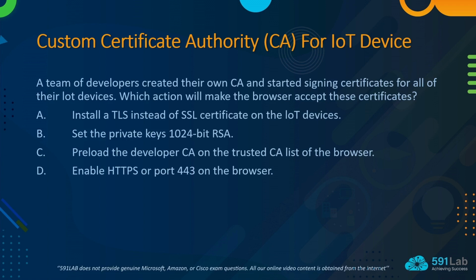Option A, install a TLS instead of SSL certificate on the IoT service. Option B, set the private key to 1024-bit RSA. Option C, pre-load the developer CA on the trusted CA list of the browser. Option D, enable HTTPS on port 443 on the browser.